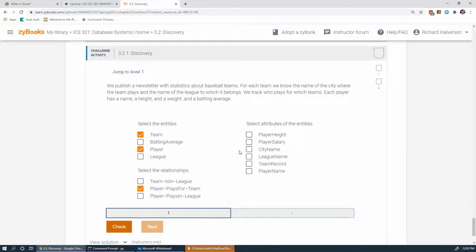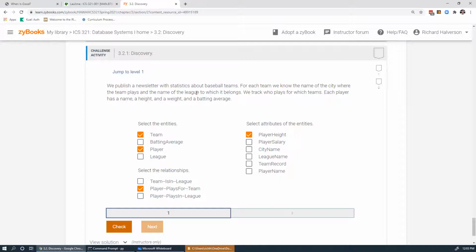Select the relationship: player plays for team. Select attributes of the entities. Each player has a height. Each player has a weight. Each player has a batting average. League name, they don't talk about that. Team record. For each team, we know the name of the city where the team plays.